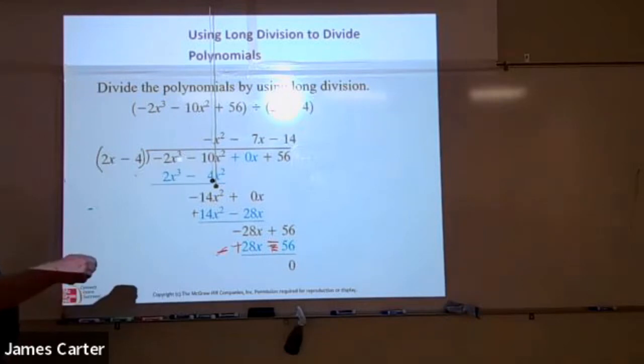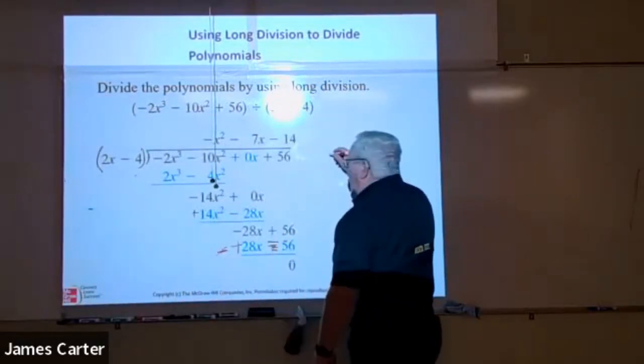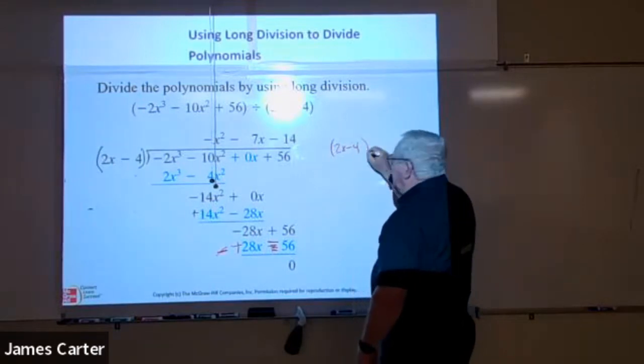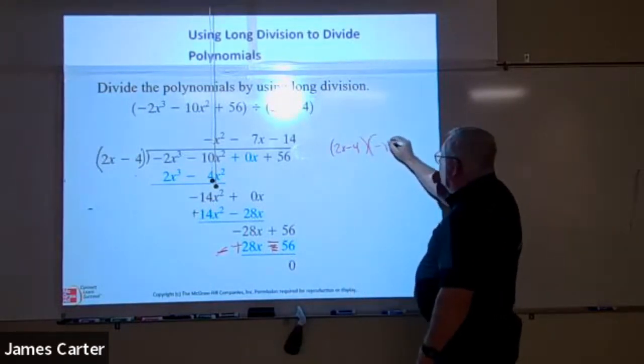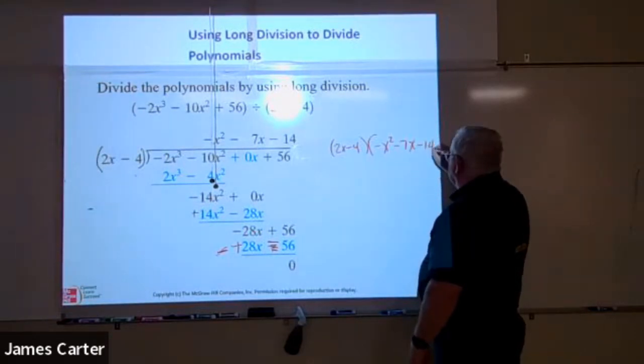Basically, we have taken this equation and we have factored out that, getting this. We could list this answer in factored form if it asked you: 2x minus 4 times negative x squared minus 7x minus 14.